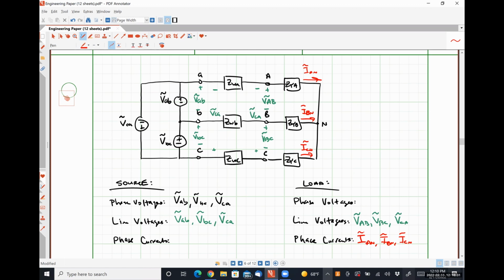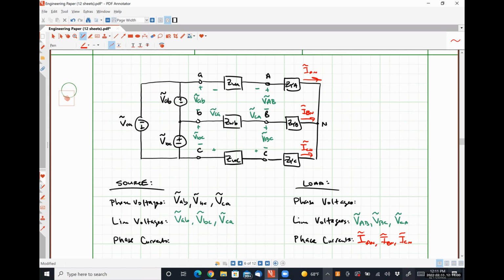Alexis, what are going to be my phase currents in my source? No. So phase currents, this is why we're spending a day on jargon and nomenclature, because this absolutely confuses a lot of students. Okay?